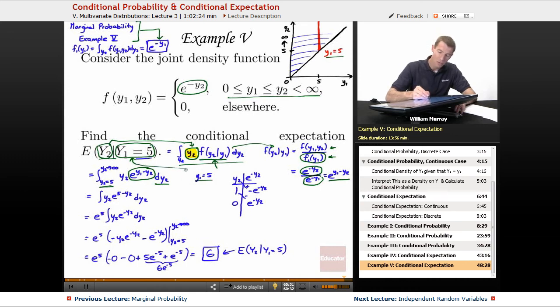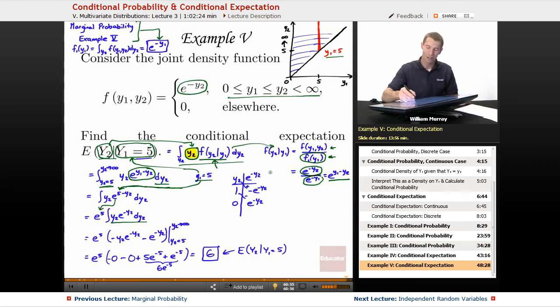So that's where I plugged in 5 for y1, which was kind of nice because it made it into e to the 5 times e to the negative y2, and I can pull it right out of the integral. And now I have a nice little integral in terms of y2. It's something that I have to use integration by parts for.